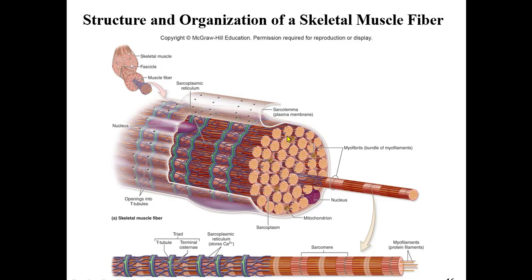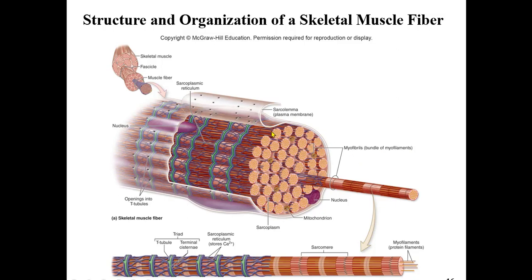Then, if I go further, I see that I have even more things I can pull out. Well, I've got another rod that I can pull out. And this one's now called myofibrils. So a muscle fiber or a muscle cell has myofibrils.